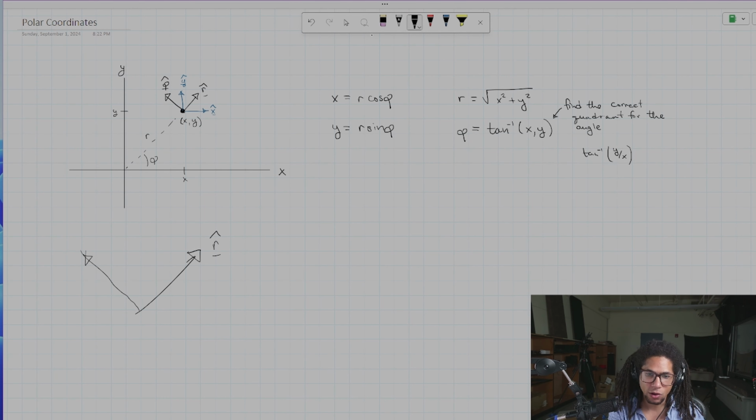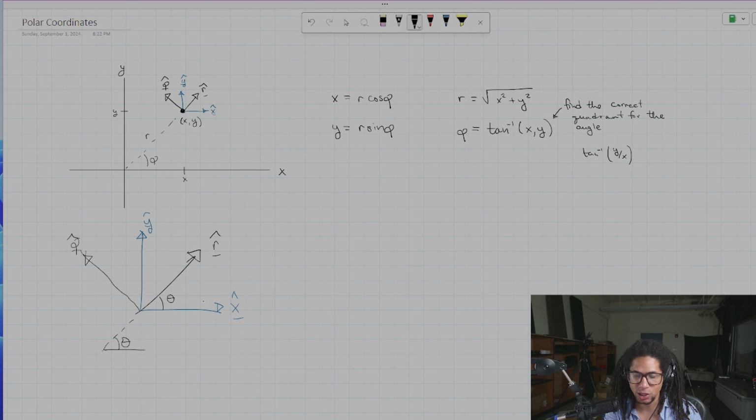And I know that these are at 90 degrees to each other. Then here is my y hat vector, and here is my x hat vector. Now, just from a little bit of geometry, we see that this angle here is theta, but that means that this angle here is also theta.